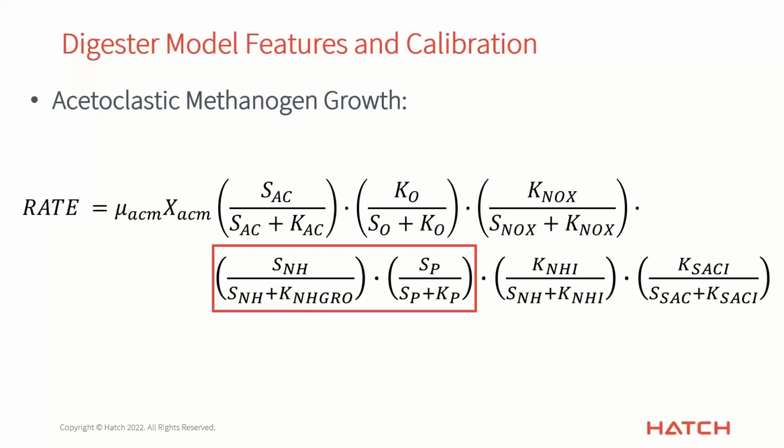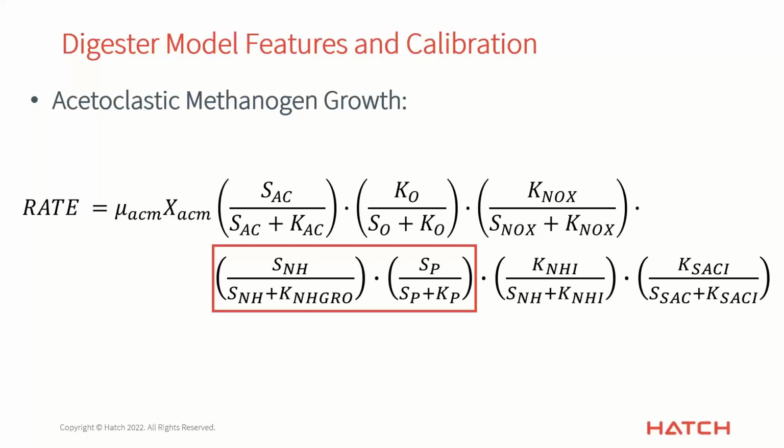Then we multiply by saturation terms for ammonia and soluble phosphorus. This is our requirement that there are at least some nutrients available for uptake. So all that part basically makes this run forward if there's food, if it's anaerobic, and if we've got nutrients.